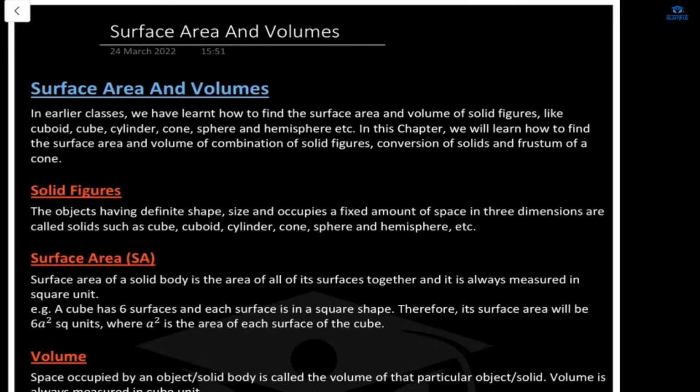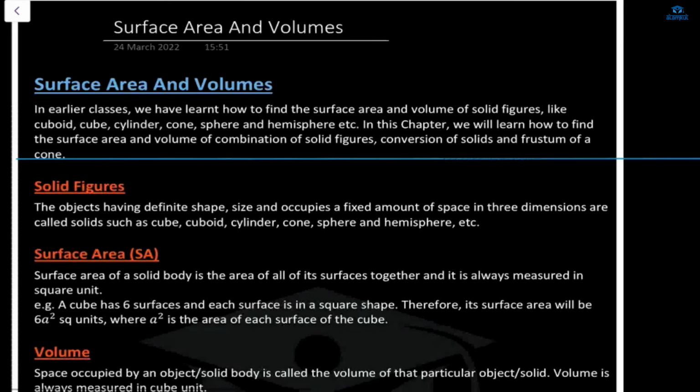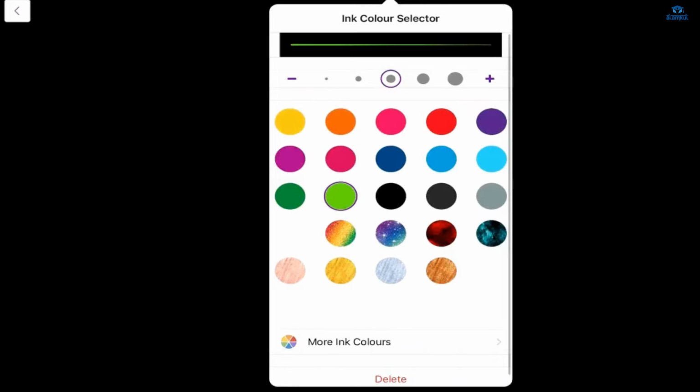We have seen the circle chapter also. But this time we are going to see a solid figure, a three-dimensional figure. What is the difference between three-dimensional and two-dimensional? When you are dealing with a two-dimensional figure, it is just on a plane, so area will be there, volume will not be there.